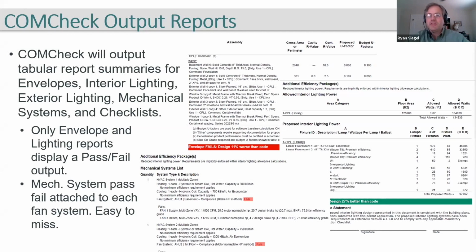But if I see a design that says 50% better than code, either I may have forgotten to enter something, or there may be very efficient systems in that building, and that's good to call out. If there's something unusually good about a design, go ahead and be upfront about this and say, hey, we did an excellent job in this area. So when the plan reviewer looks at it, they say, oh okay, yep, that jives with what I was expecting.